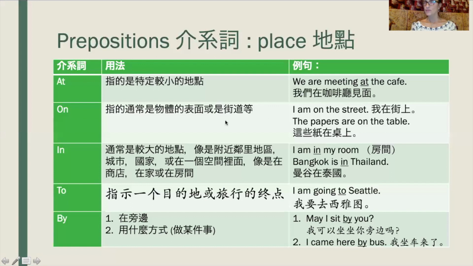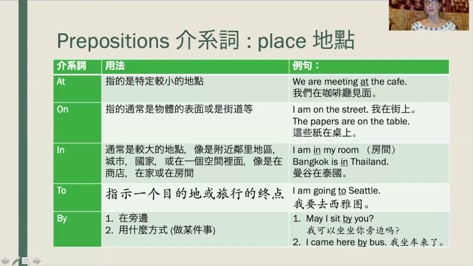But if it's on a surface, okay, so 通常无题的表面 or 或者街道, things like that, then you use on.